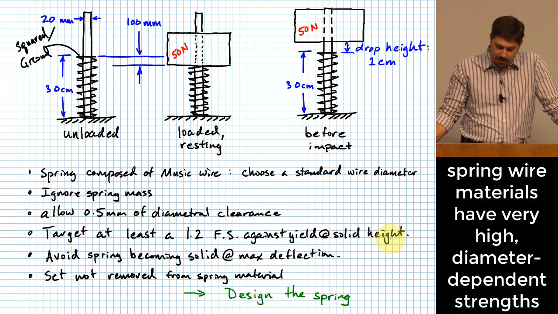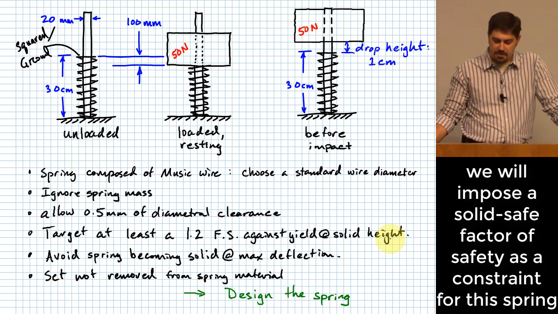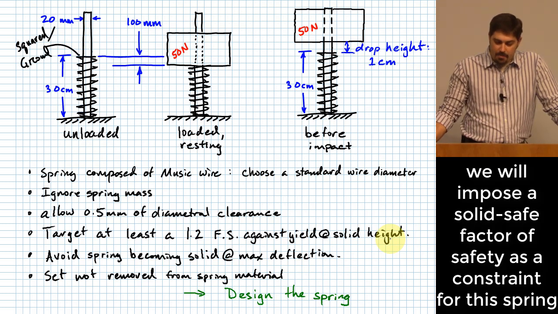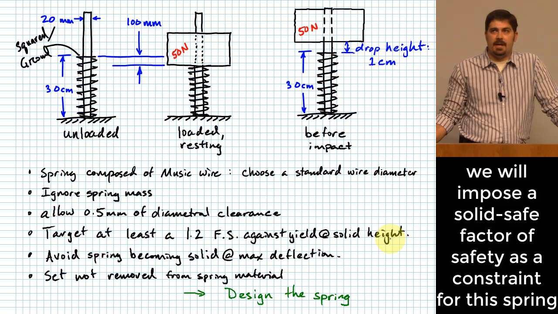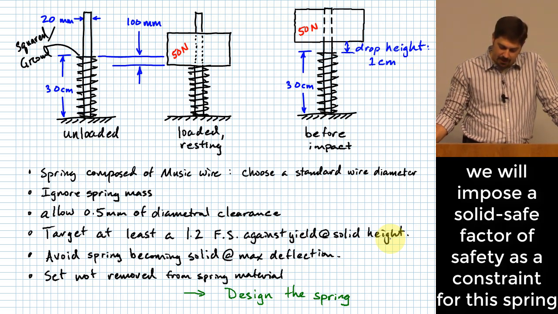The other thing that we're going to do is apply a couple of constraints to ourselves to try to find a good spring that will meet certain demands. One of those includes a factor of safety against yielding the spring when it goes all the way to its solid height. Where I say down here, target at least a factor of 1.2 against yield at solid height.